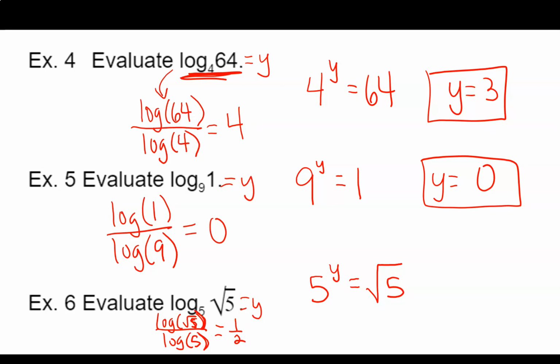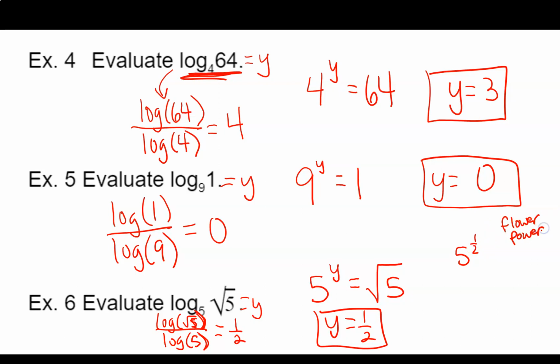Why in the world would an exponent of 1/2 give us a square root? Well, you may remember I talked about this in the past. By the way, y is a half. If you have a fraction exponent, I always use the analogy flower power.